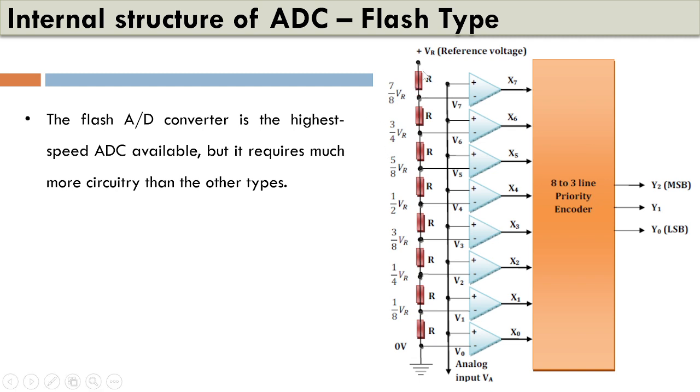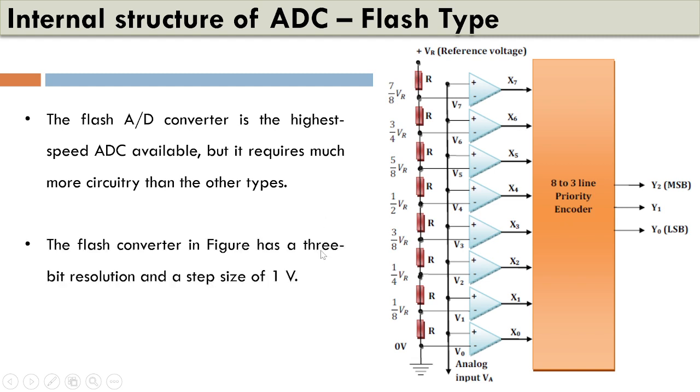The purpose of this resistive network is as a potential divider, and it will divide the entire potential, that is the reference voltage VR, into this many voltages, where the bottom one is connected to 0 and the first one, that is V1, is 1/8 of VR, V2 is 1/4 of VR, V3 is 3 by 8 VR, and so on.